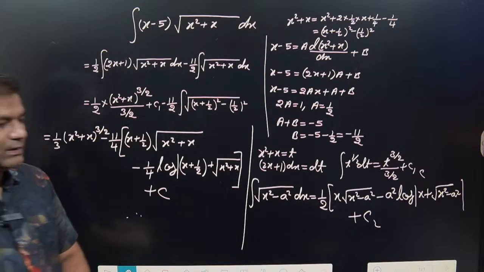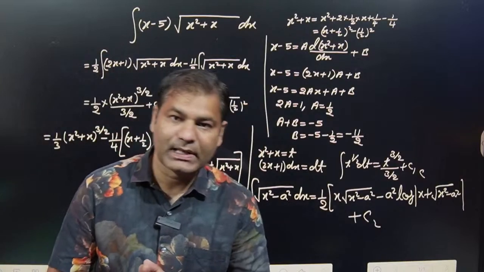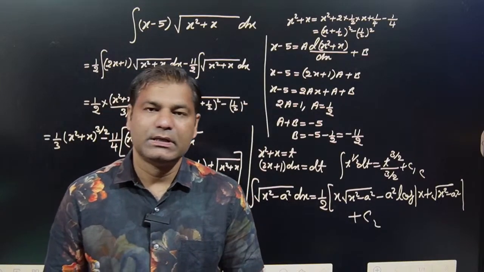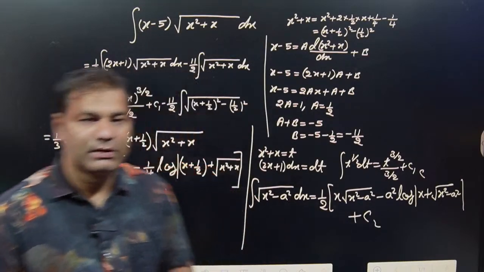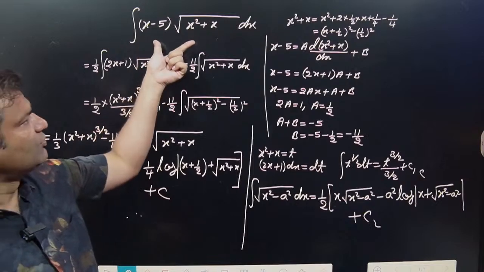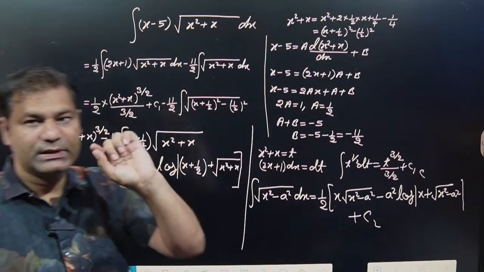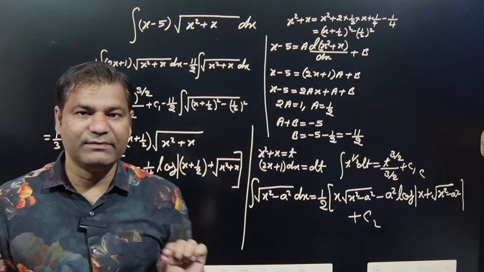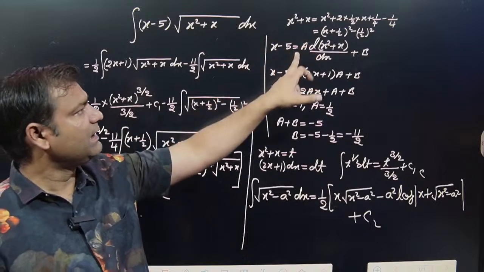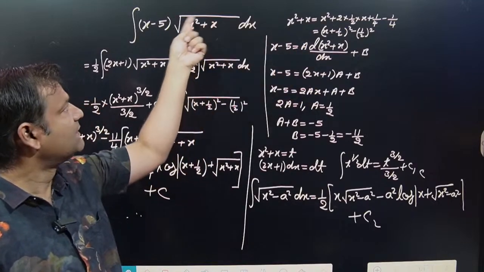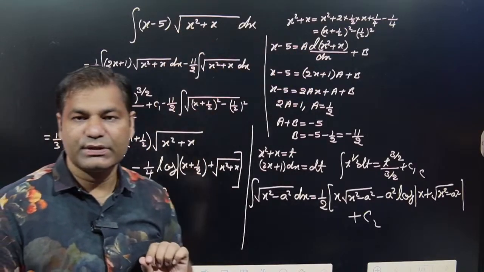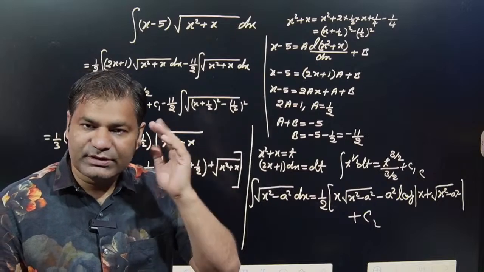Okay, I will repeat again how to solve this type of problem. First of all, look here, our motto is how to solve this type of problem. Here x minus 5 is written as a into the differentiation of this quadratic expression plus a new constant b.